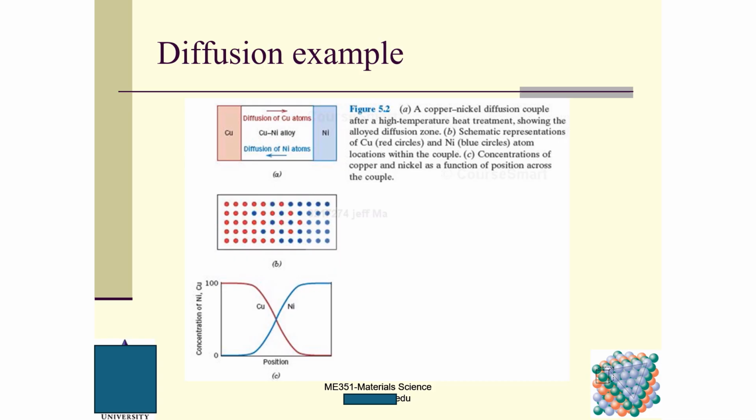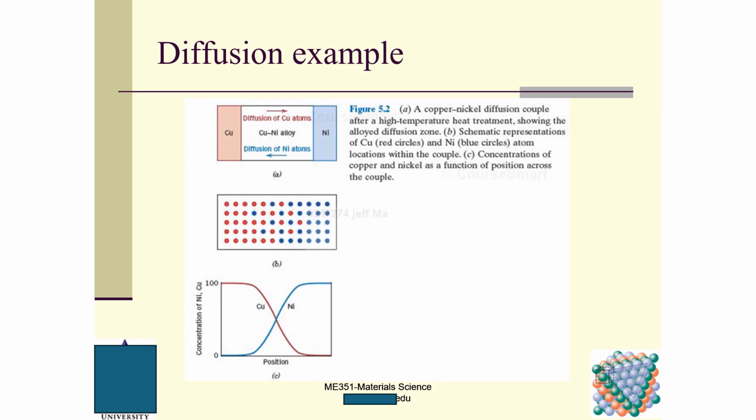We have copper and nickel. This is diffusion of copper atoms from the left side, where it has a higher concentration of copper. At the very beginning it is 100%. Copper goes from left to right, and nickel atoms migrate from the right side to the left side, because on the right side the nickel concentration is 100%.